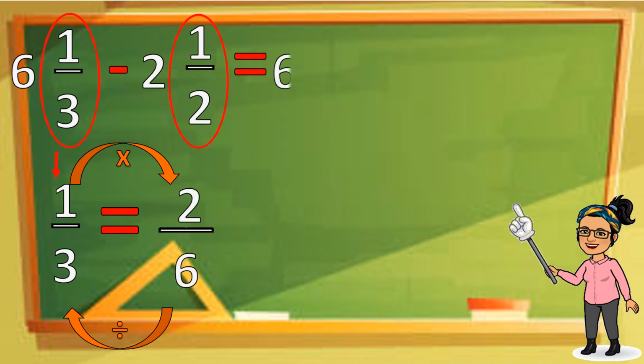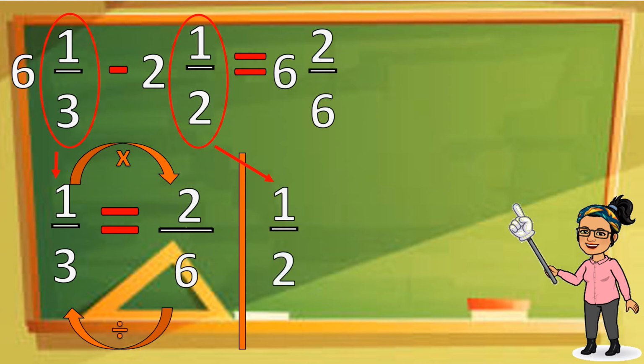Let's change the denominator of 1/3 to 6. And then just divide and then multiply. 6 divided by 3 is 2. And 2 times 1 is 2. So 6 and 1/3 will become 6 and 2/6.